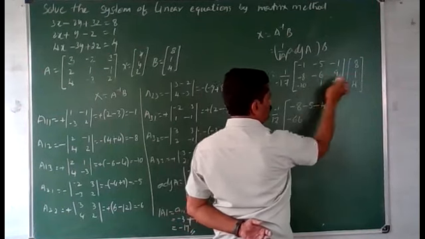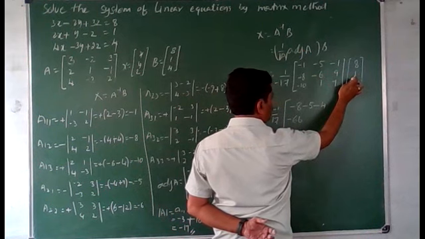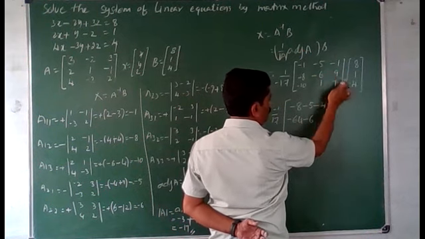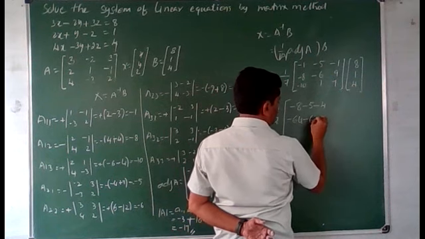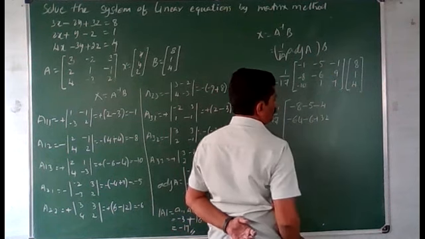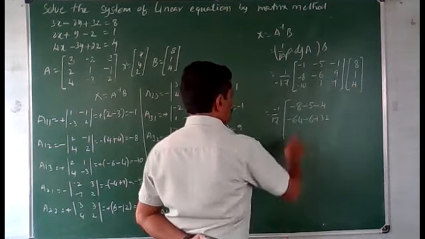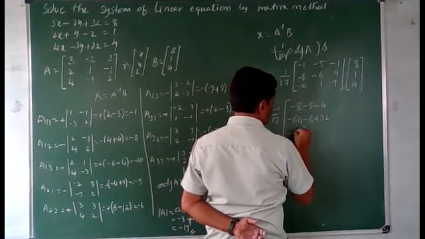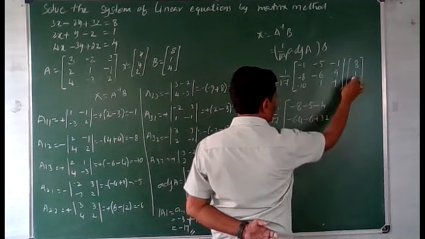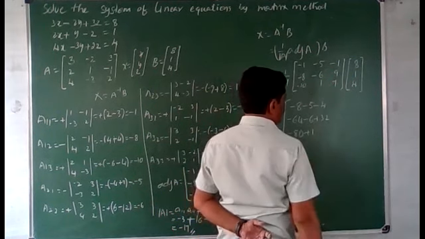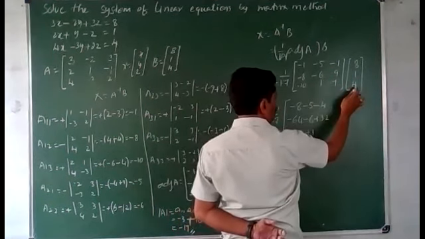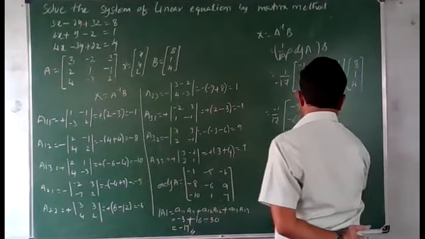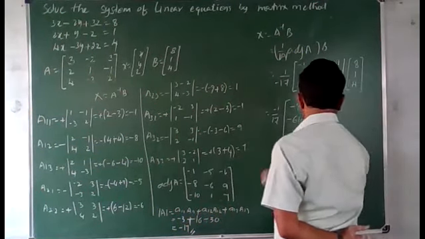Minus 1 into 6, so that is minus 6. Again 9 into 4, that is plus 32. Next, minus 10 into 8, that is minus 80. Again 1 into 1, plus 1. Again 7 into 4, that is 28.